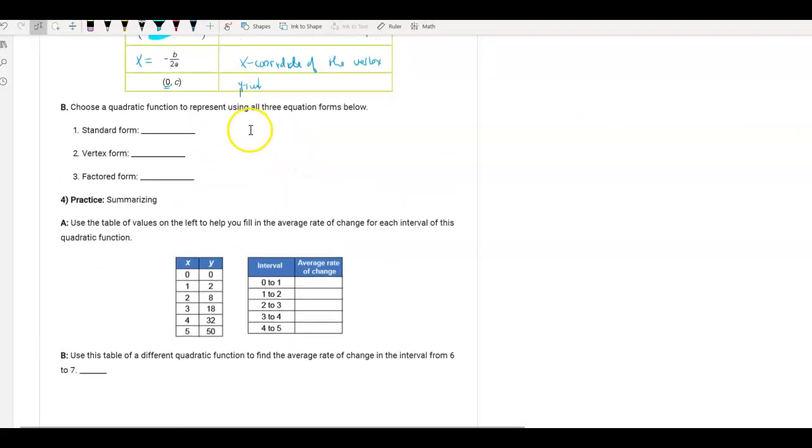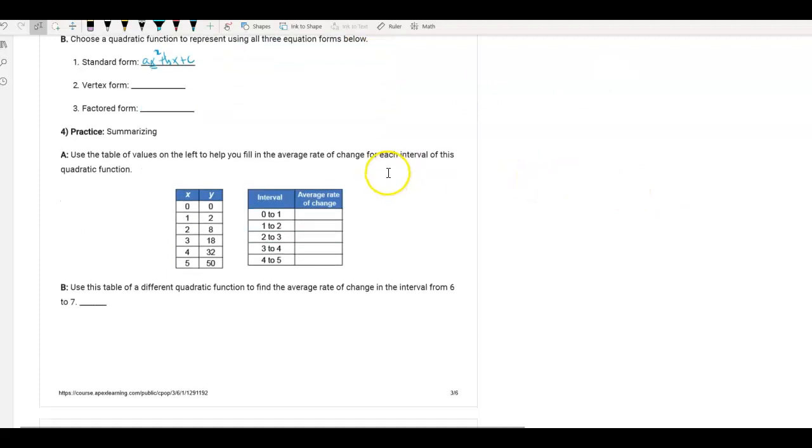Now, what does the standard form of a quadratic function look like? Okay, so this would be ax squared plus bx plus c. So anytime you have an x squared term, and it's ax squared plus bx plus c, right? That's going to be a quadratic function in standard form.